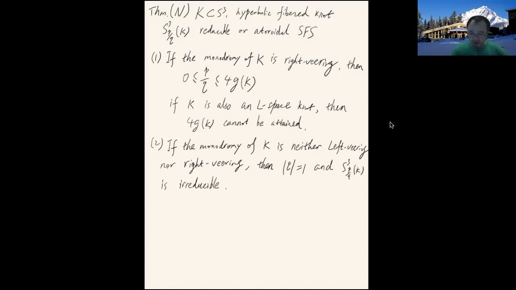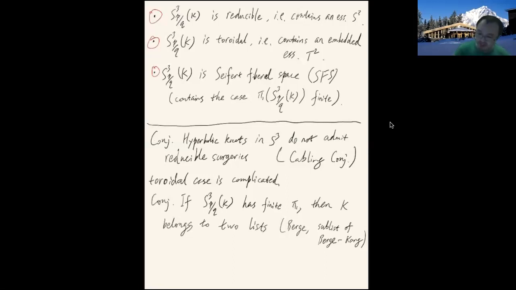Okay, well, I guess here I forgot to mention another conjecture about Seifert fiber surgery. So let's see, maybe I just add here. There is a conjecture about Seifert fiber surgery, that is, if this is Seifert fibered, then Q is 1.